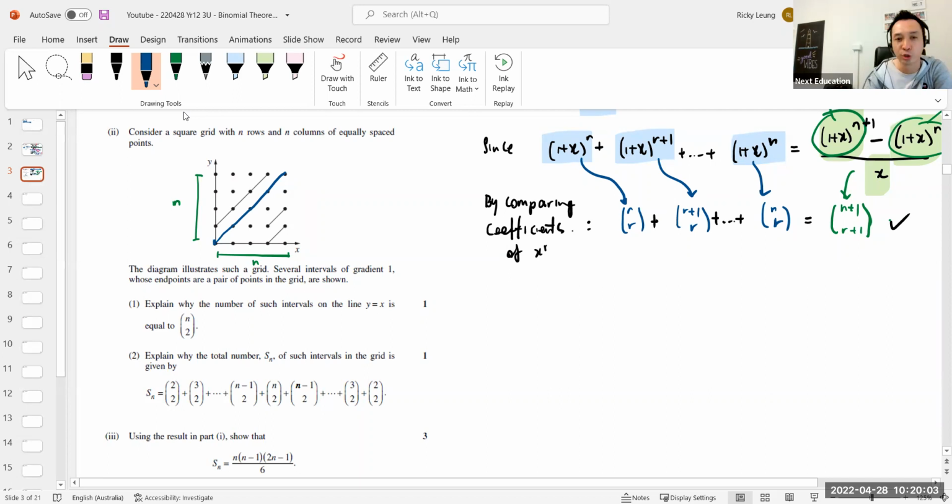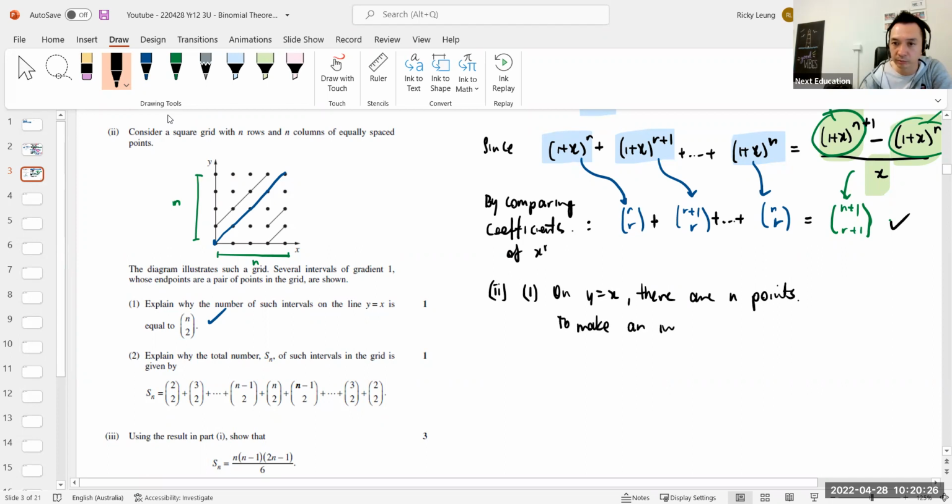From n dots, choose 2. That's what they want. So for this one here, all they want you to say for part 2, question 1 is, on y equals x, there are n points. To make an interval, 2 points are needed.